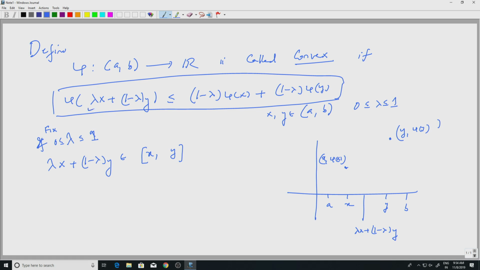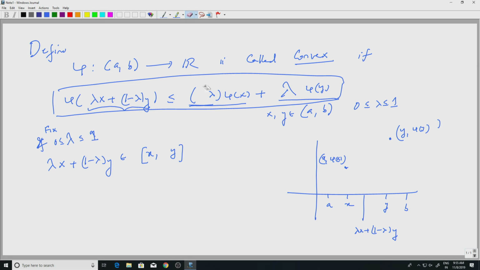Phi of the point in between x and y should be less than or equal to, and there is a slight mistake here. This is just lambda, a convex combination.